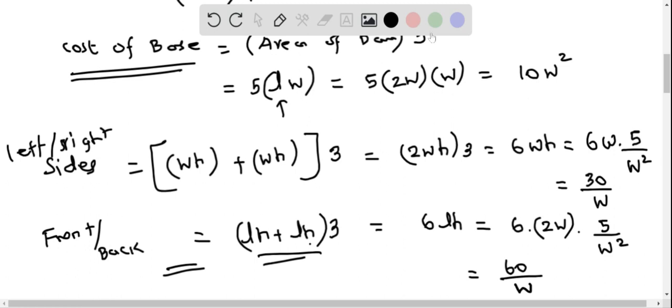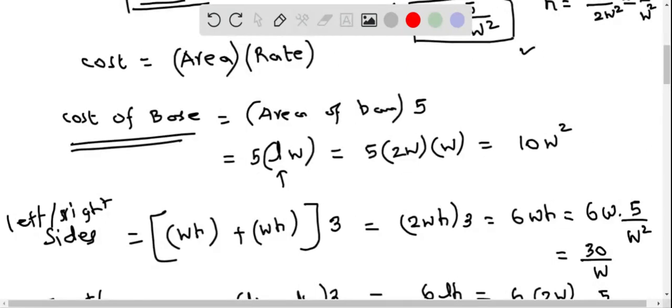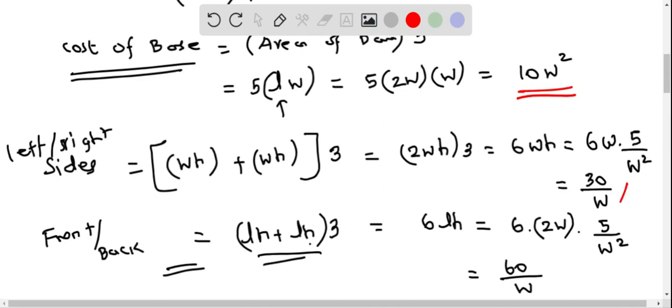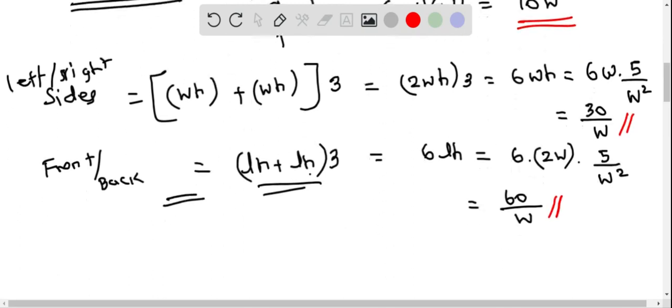So these are the costs for constructing the base as well as the sides. For the base, it is 10W square, and for the sides, we have 30 by W as well as 60 by W. We have to add all these three quantities.